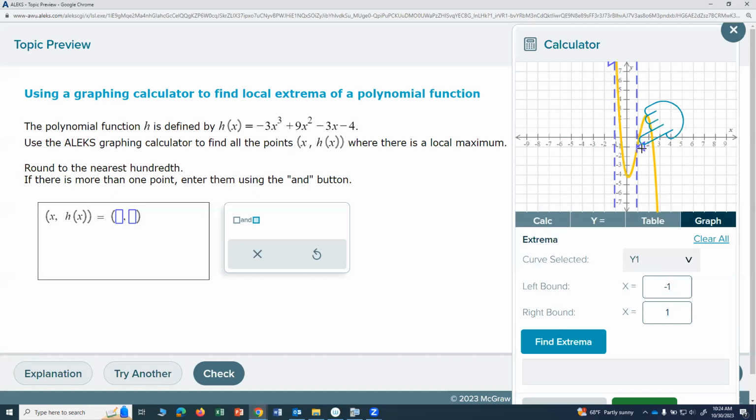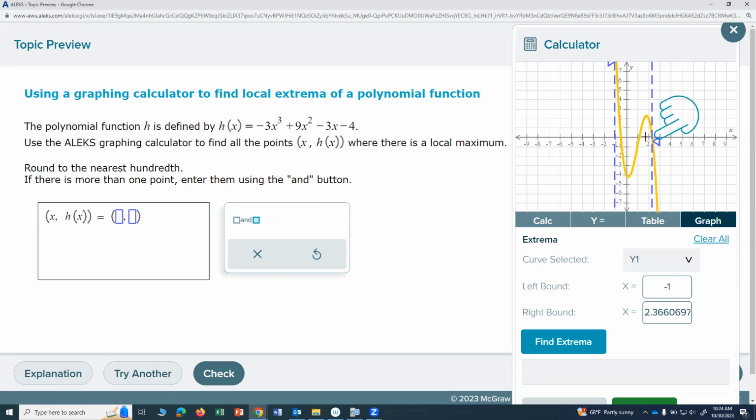And so I want to go ahead and pull my right bound so that it's to the right of that maximum, and pull my left bound so that it's to the left of the maximum, but not to the left of the minimum. It will mess it up if my left bound is too far away from that maximum.